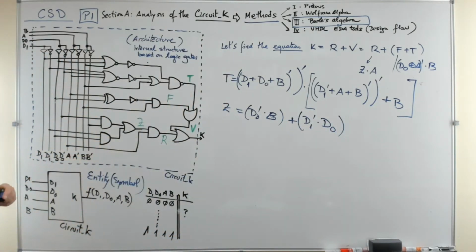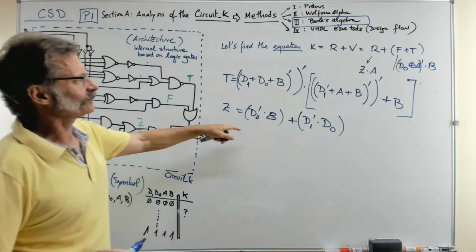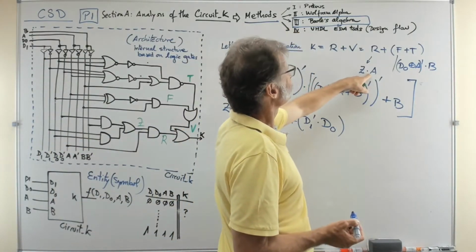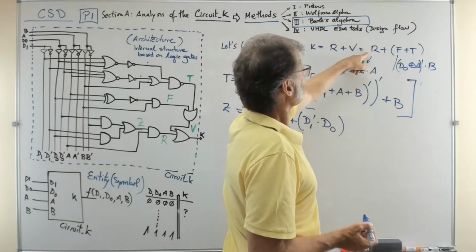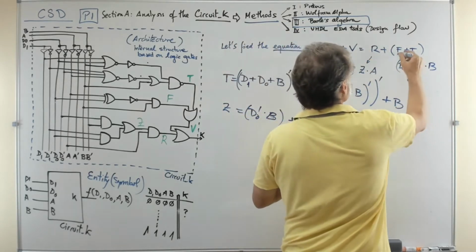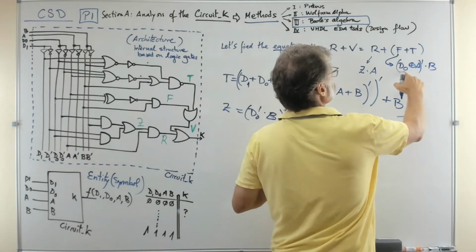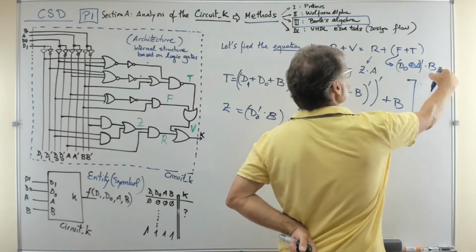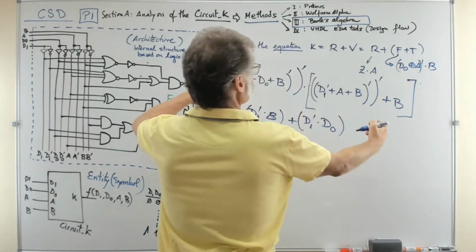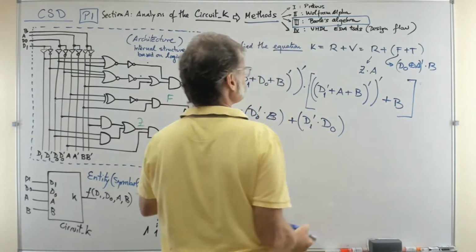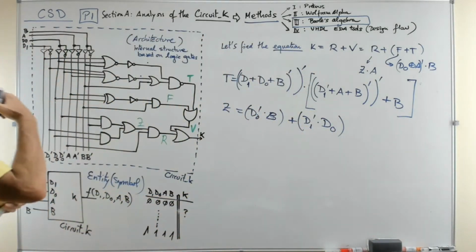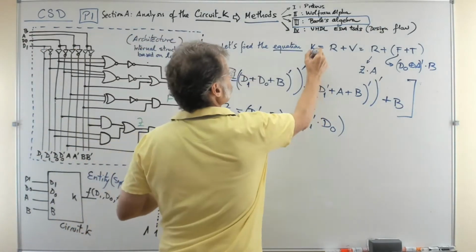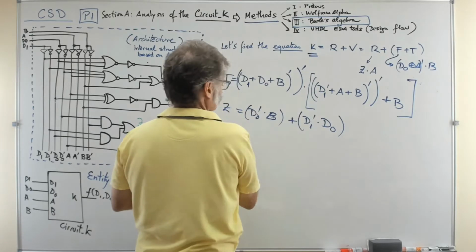So this is Z. Okay, so Z goes here, everything is ended with A, this is R, and then F becomes this term here, D0 short A not and B, and the T becomes something like this, right? So that's the expression of the equation T. Very well.